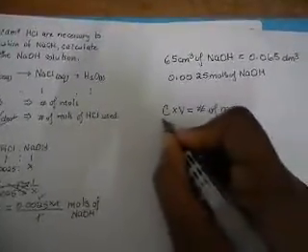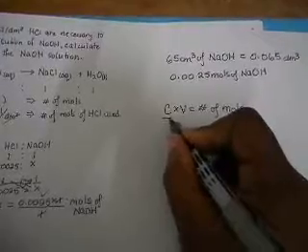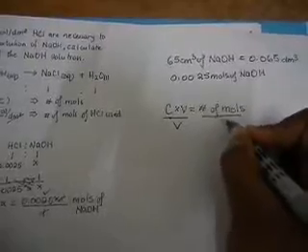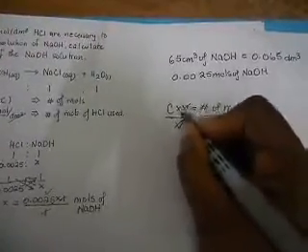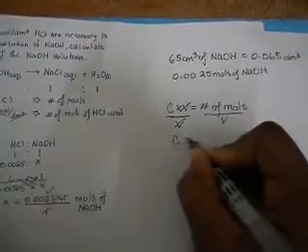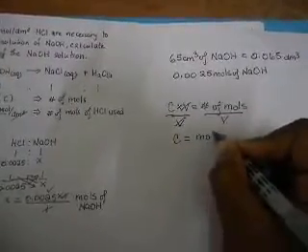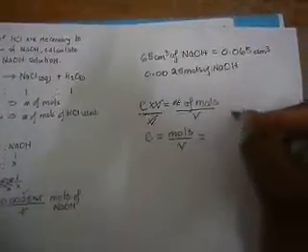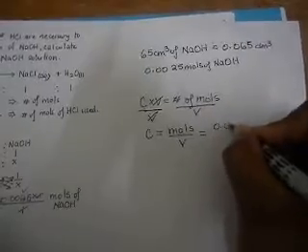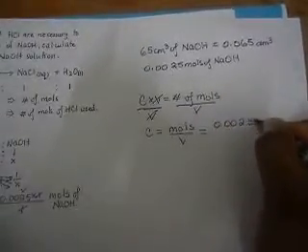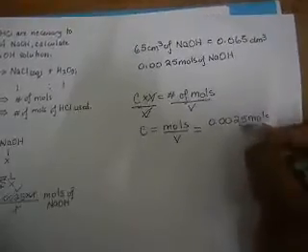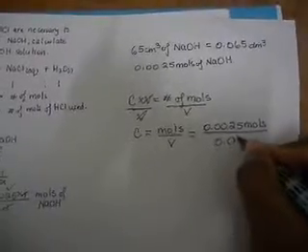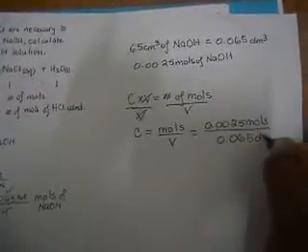Since we're looking for concentration, we're going to divide this side by volume and divide this side by volume to get rid of the volume, and concentration is now equal to moles over volume. Since we have the moles of NaOH, 0.0025 moles, and you keep units, divided by 0.065 decimeters cubed.